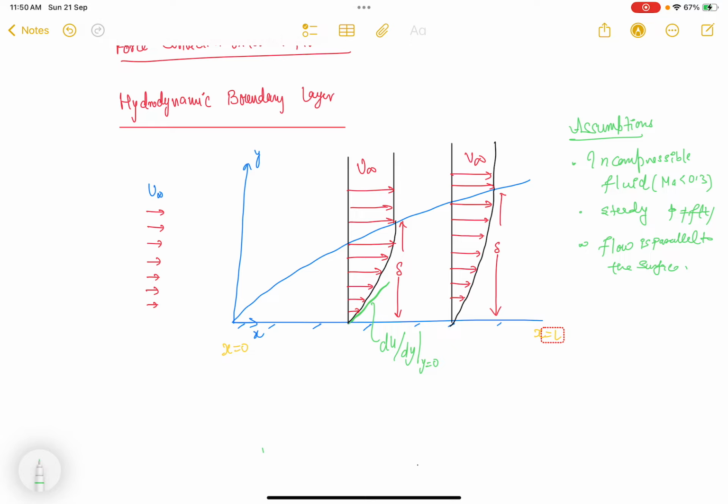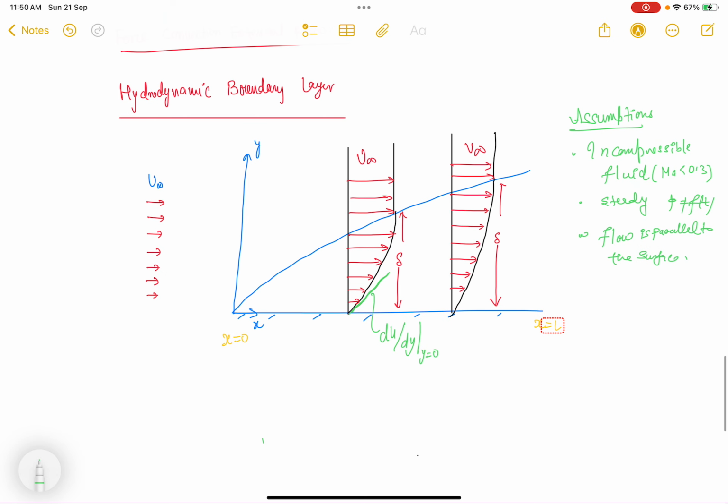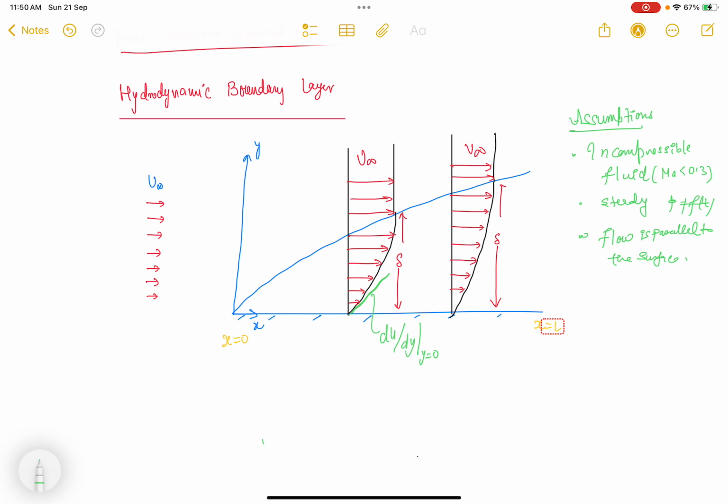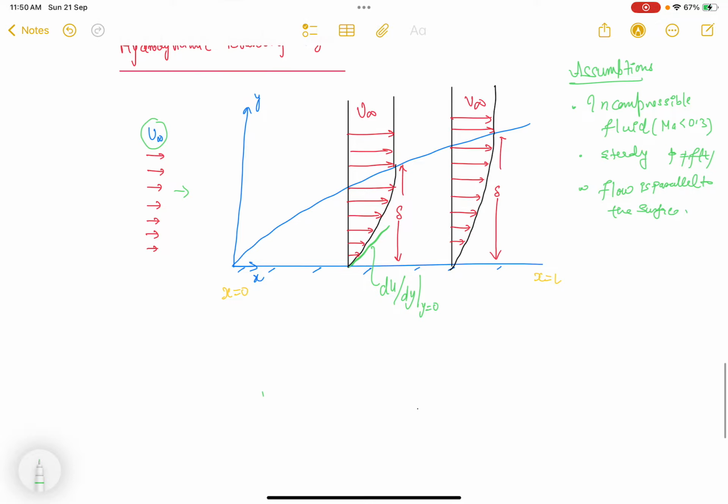So first, let's consider the ambient fluid which is having velocity u infinity, flows over a stationary flat plate. This is a stationary flat plate.